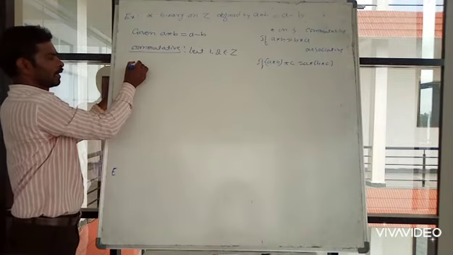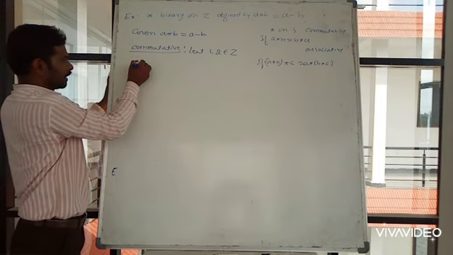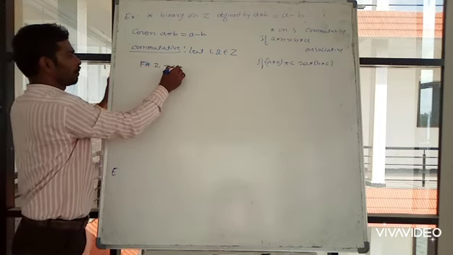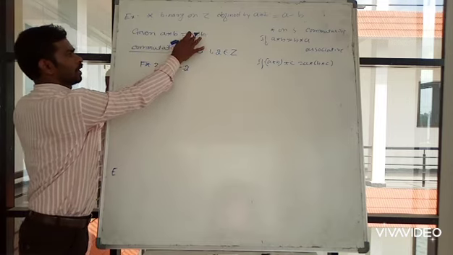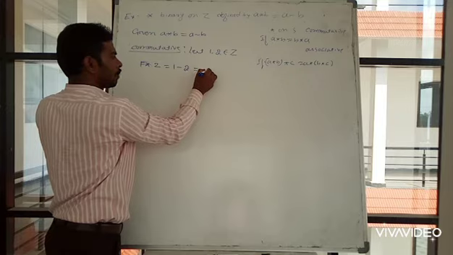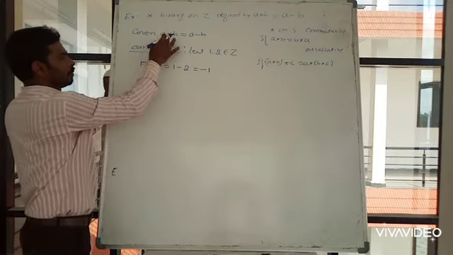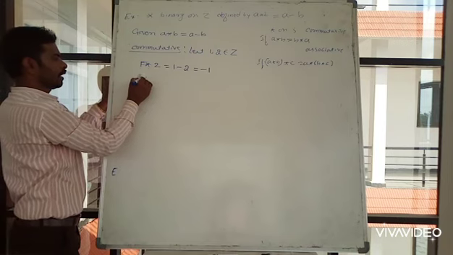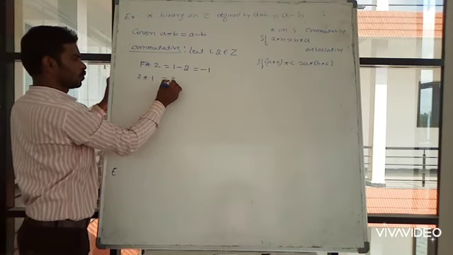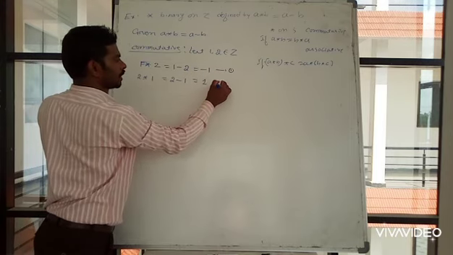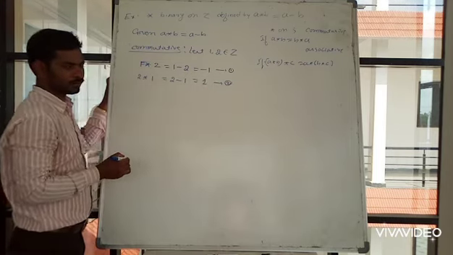Therefore, 1 star 2 is equal to 1 minus 2. A star B equals A minus B means 1 star 2 equals 1 minus 2, which is equal to minus 1. Next, calculate the B star A value: 2 star 1 equals 2 minus 1, which is equal to 1.